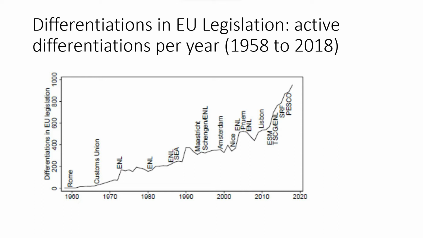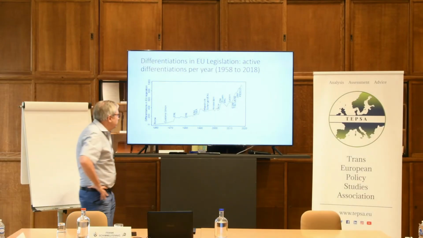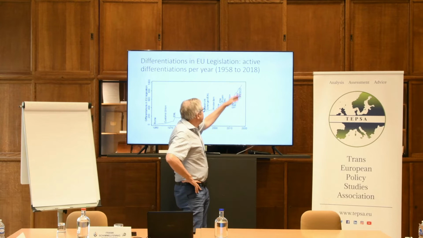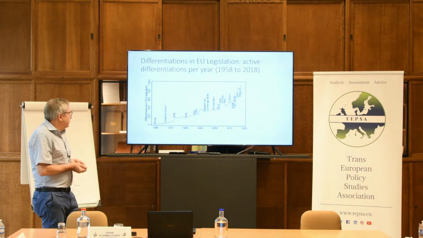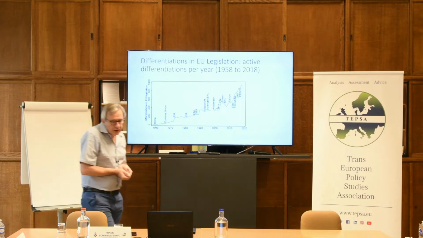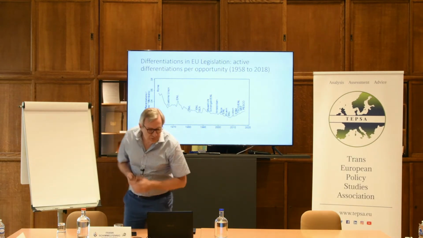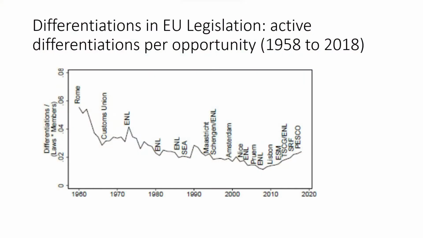And here this also seems to match the idea of an ever-increasing differentiation in the EU's legislation, and we also see an especially steep rise since the late 2000s. But again, if we use the more relative measure, this looks much less dramatic.